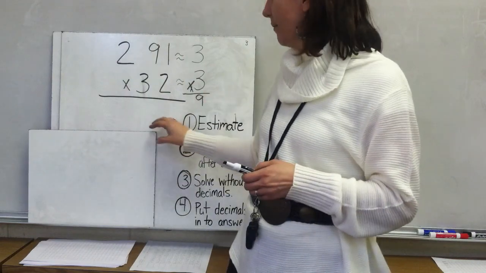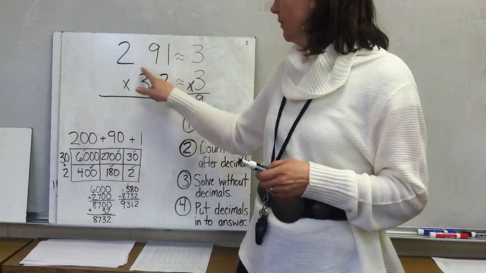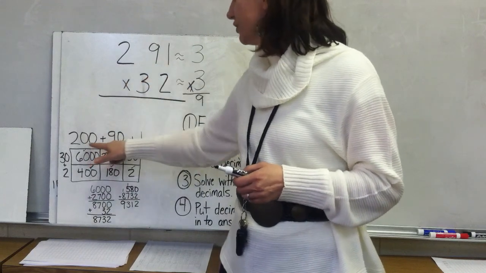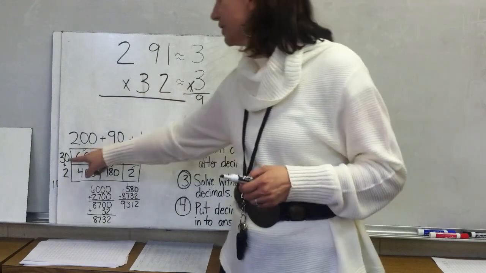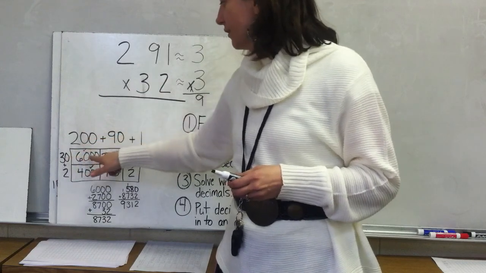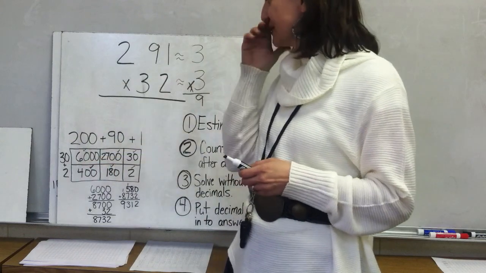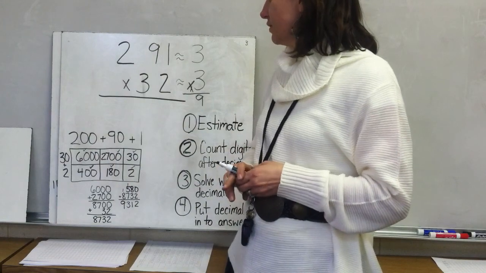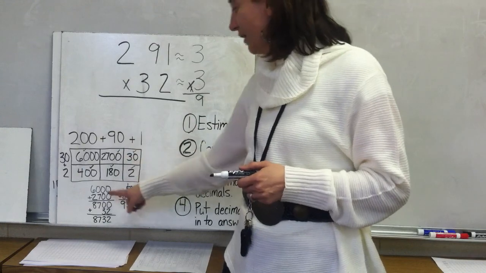Some of you use the area model, which I've already done, which is right here, where you expand out 291 to 200 plus 90 plus 1, and you multiply that by 32, which is 30 plus 2. You take the 3 zeros here and you put them in this box. 3 times 2 is 6, so that becomes 6,000. You have 2 zeros between 90 and 30, and that becomes 2 zeros there. 9 times 3 is 27, and on and on. And then you added up all these numbers.